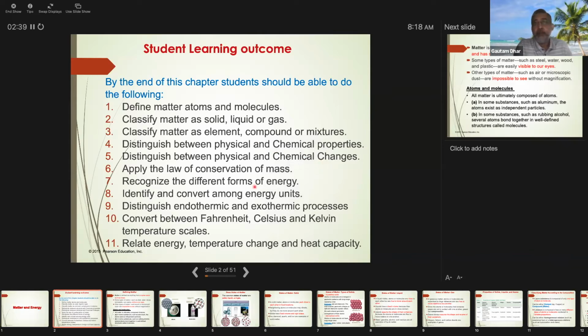We want to distinguish between the physical and chemical changes that happen, like melting of ice. What is that? And then there's the law of conservation of mass, which we visited in the previous chapter. Matter is conserved, and during a chemical reaction mass is conserved.